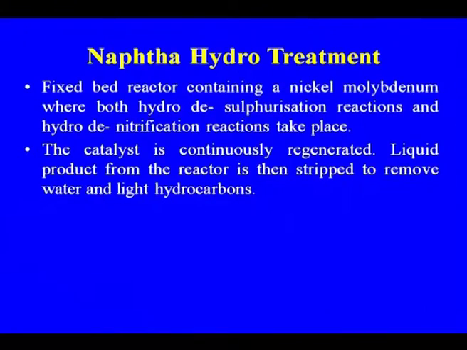Also, when you are using natural gas going to synthesis gas manufacturing, sulfur is removed there too. Same way here, sulfur removal by hydrodesulfurization is taking place, and removal of nitrogenous compounds is also taking place. The catalyst is continuously regenerated, and the liquid product from the reactor is then stripped to remove the water and light hydrocarbons.